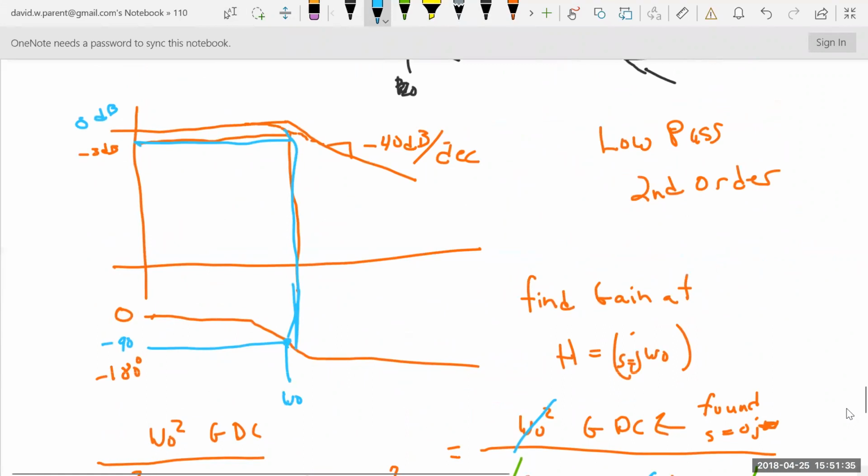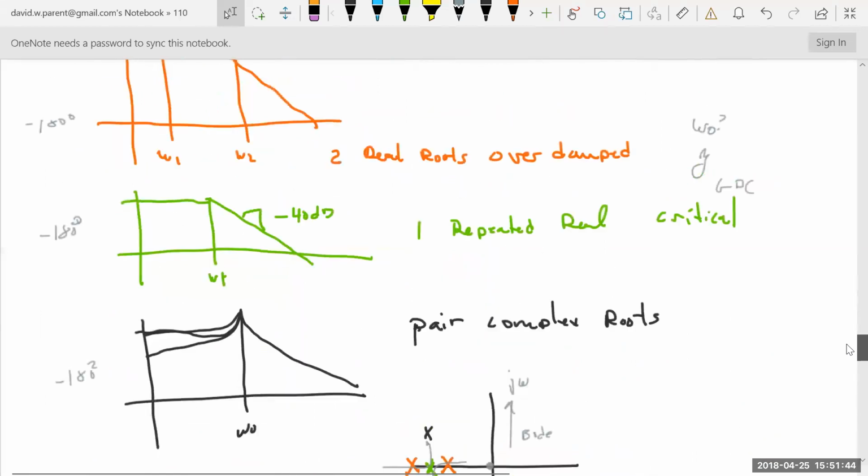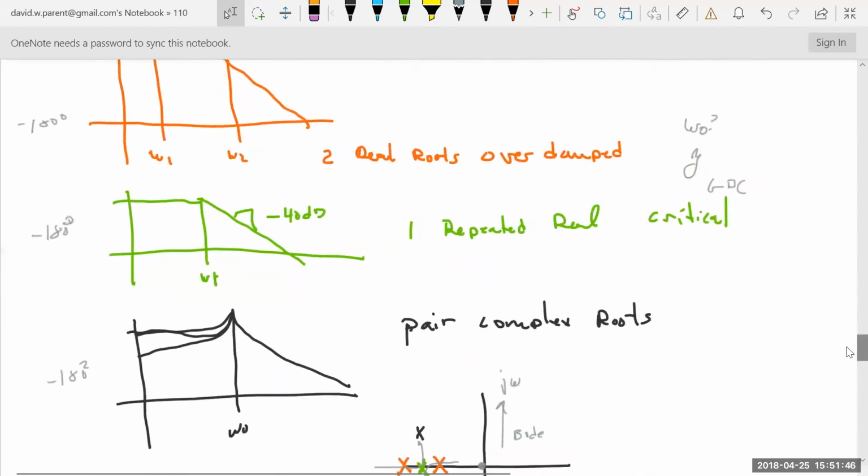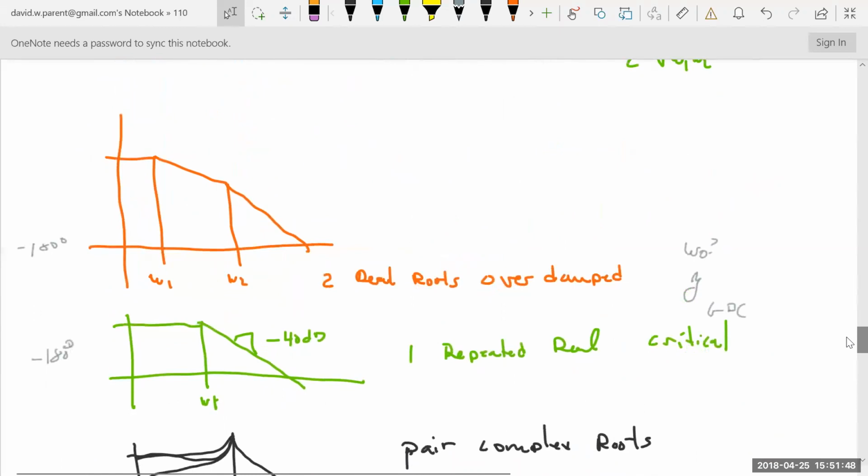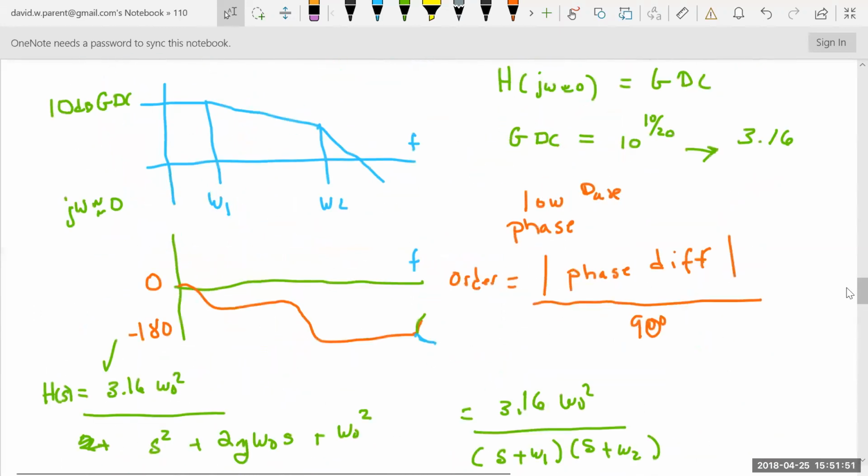Run up, and then you find the gain at that point. Well, it works back up here too, right? Now this is a little bit harder, right? But somewhere in here, the gain is not a perfectly flat slope, okay?